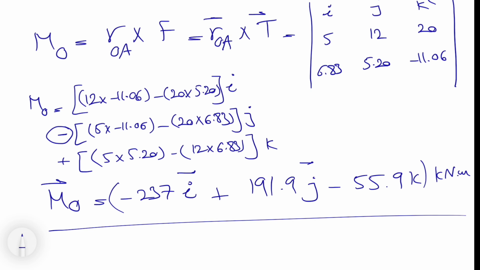That would be our J. And the last one is the K, which we get negative 55.9 K. And the unit for this will be kilonewton meter. And that would be the couple part of the force couple system.